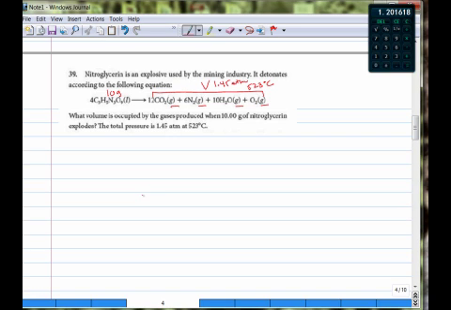We're going to have to start with a stoichiometry problem, and we'll be going from grams to moles. And this will be the nitroglycerin. And then we can convert to moles of gas. And then from there we will go out into PV equals nRT, and we'll be solving for volume.